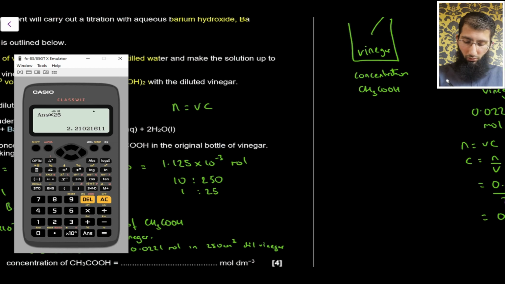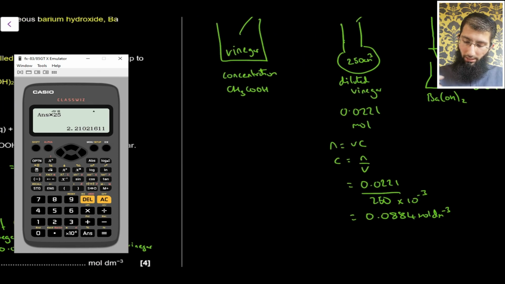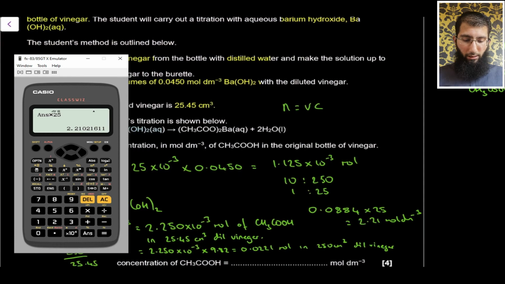I'll just show that working out here. They really haven't given enough space here, but remember, in an exam paper, you can always ask for extra paper under exam conditions. So multiplying by 25 gives us 2.21 mole dm minus 3.